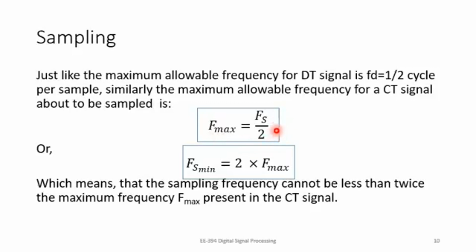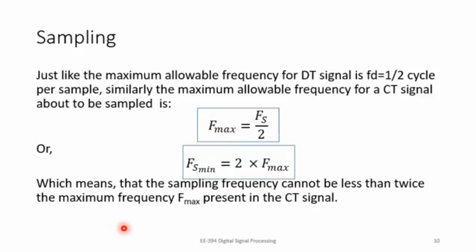Or this also means that fs minimum can be twice of fmax, which means that the sampling frequency cannot be less than twice the maximum frequency present in the continuous time signal.